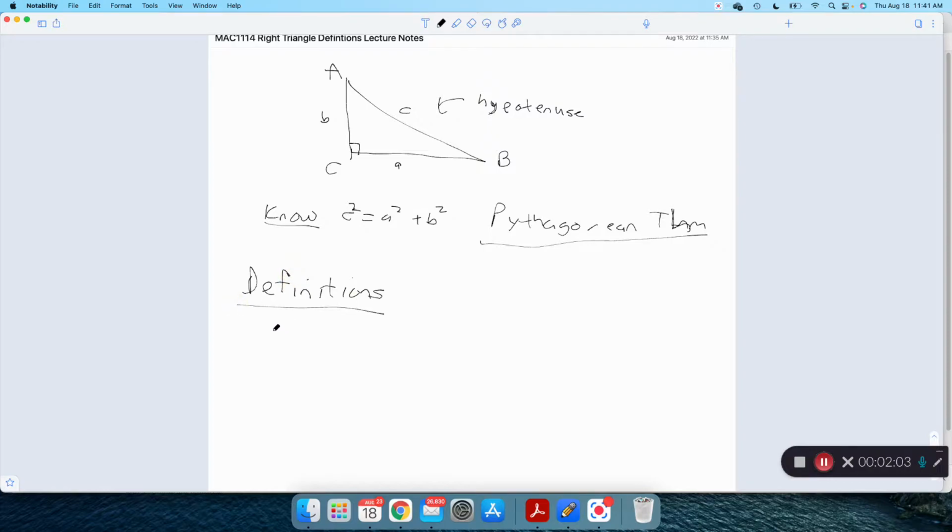We're going to define the sine of some angle theta, which we abbreviate sin of theta, where theta here is an angle, to be the length of the side opposite theta divided by the length of the hypotenuse.